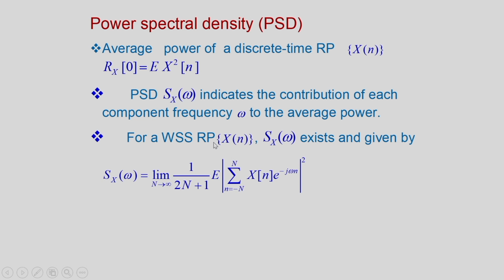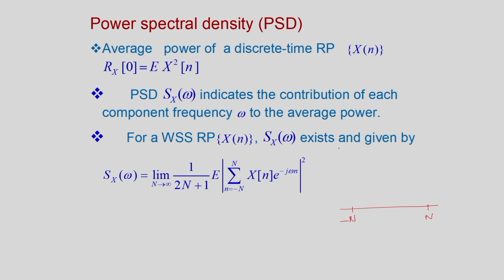And now, how to define Sx(ω)? So, Sx(ω) is equal to the limit N tends to infinity of 1 by 2N plus 1 into the expected value of the squared magnitude of this quantity. This is the DTFT of X[n], n varying from minus capital N to plus capital N. This is the DTFT of the signal in a window from minus N to plus N. So, we are considering a window from minus N to plus N, and we are taking the DTFT of the signal within this range.